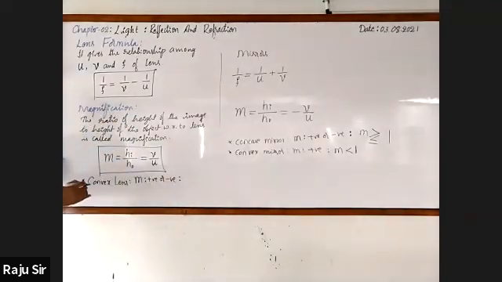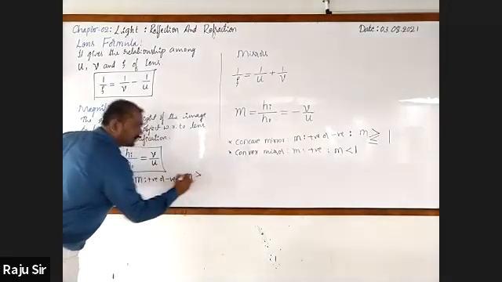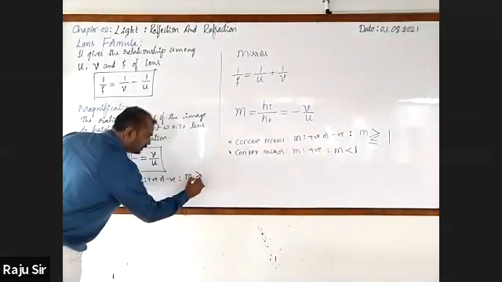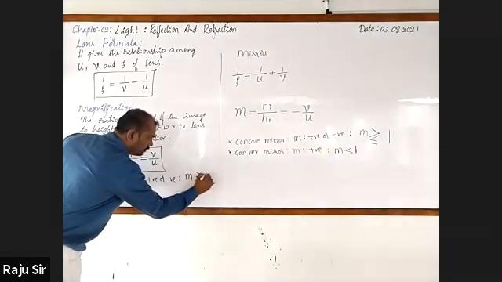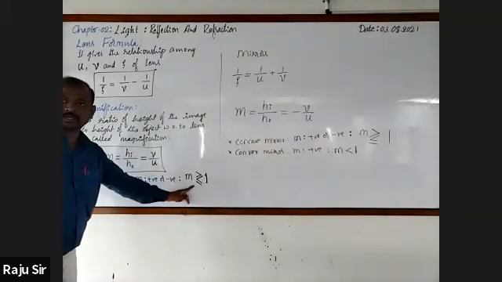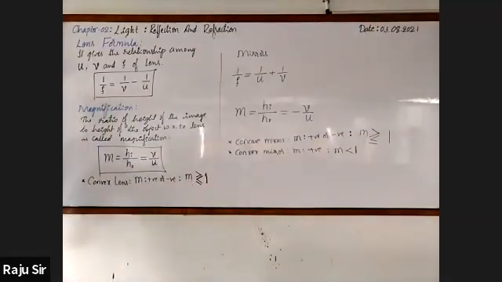If you come across the value, M is greater than 1 or smaller than 1 or equal to 1. You may write it separately or together. If you want to write it together, you can write greater than 1, less than 1 or equal to 1.